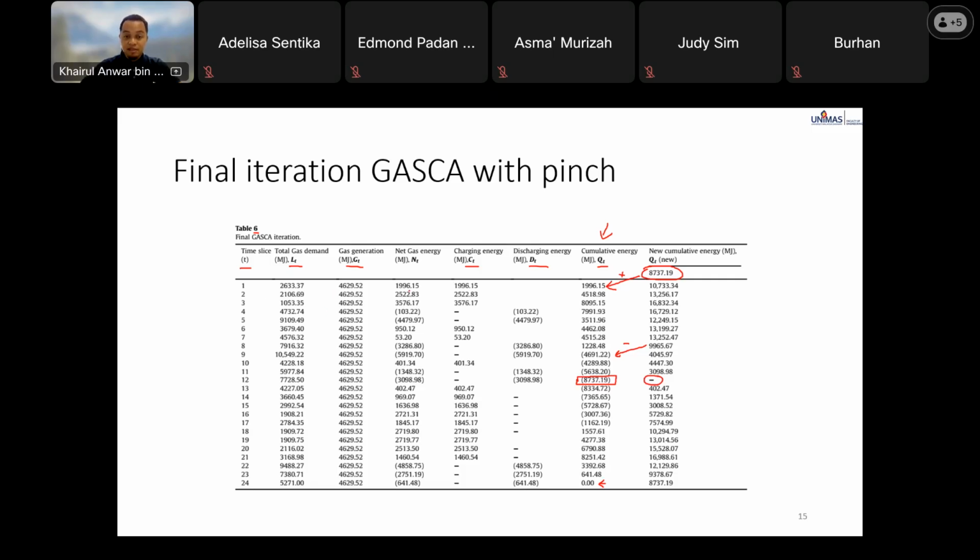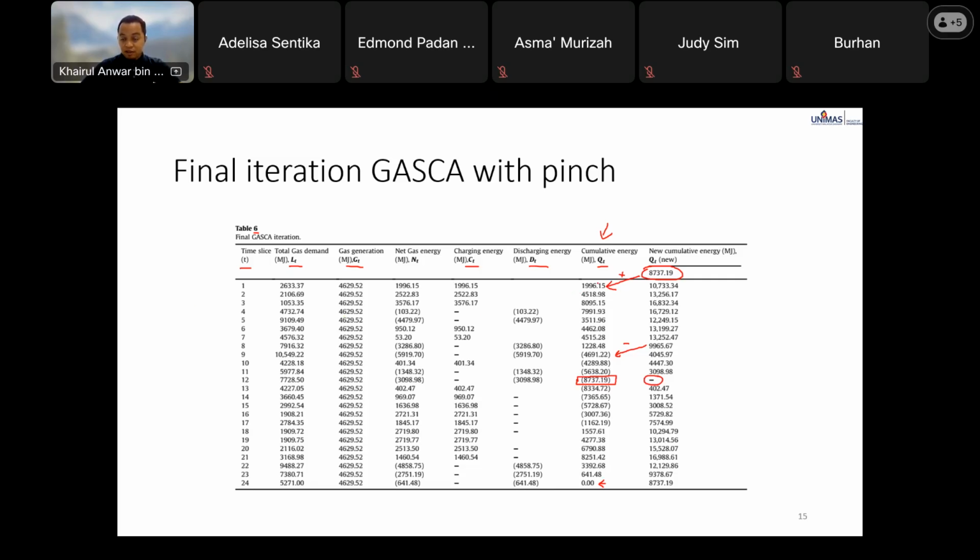So 1966. Discharging 1966 times 1 is 1966. Here times 4, so 4629 minus 472, we get negative 103.